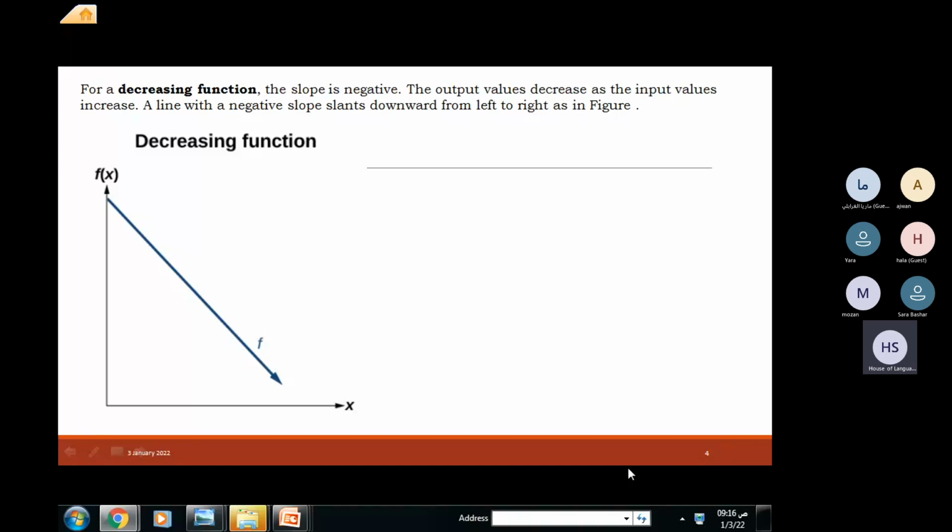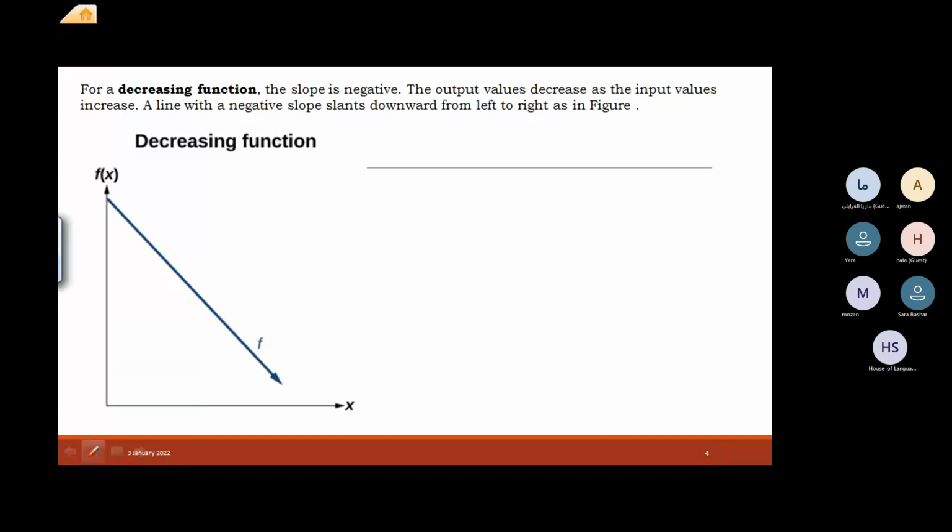One is increased and the second is decreased, so you will say it is a decreasing function. If both of them increase or both of them decrease, we say it's an increasing function. But if they are opposite, we say it's a decreasing function. In a decreasing function, the slope is negative.